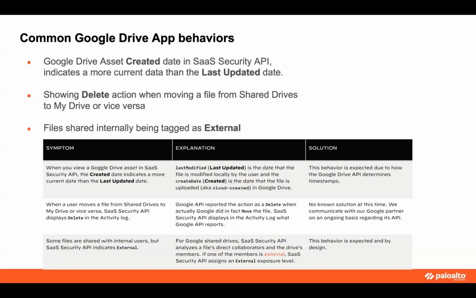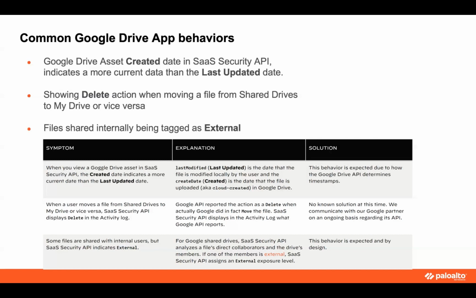The third common behavior we need to pay attention to is file exposure. Sometimes the file exposure level shows as external when it is only shared with internal users. The reason is that for Google shared drives, SaaS Security API analyzes files' direct collaborators and all drive members.